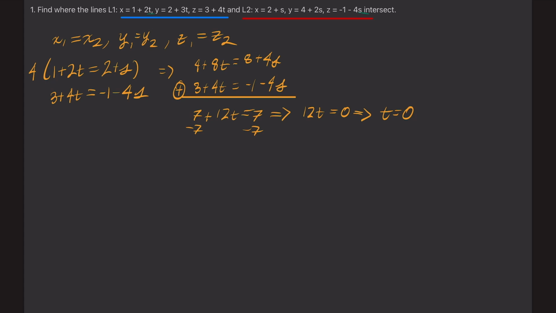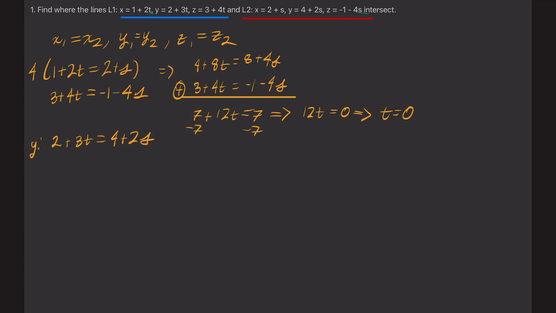Now that we have t, we can easily solve for s. I'm just going to use the y equation because we haven't used that. So 2 plus 3t equals 4 plus 2s.